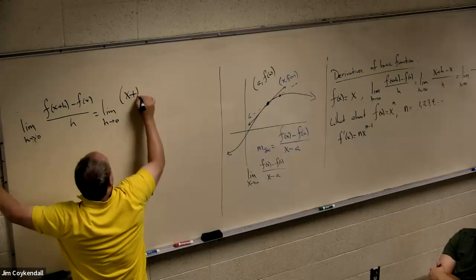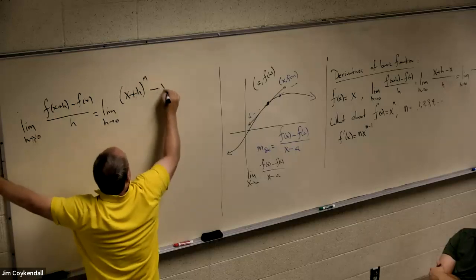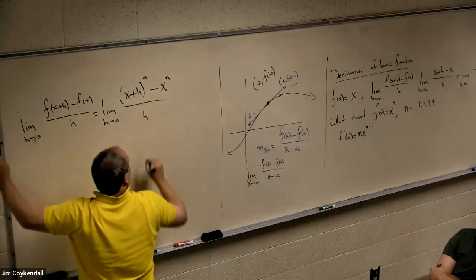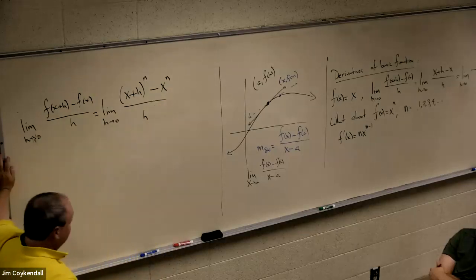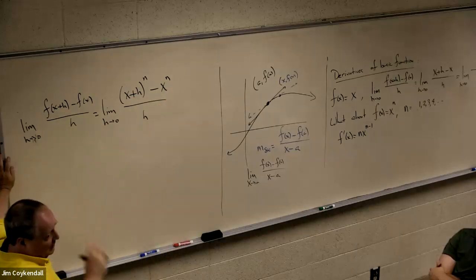This is (x plus h) to the n power, minus x to the n, over h. Now, I'm going to be mathematically very sloppy here.